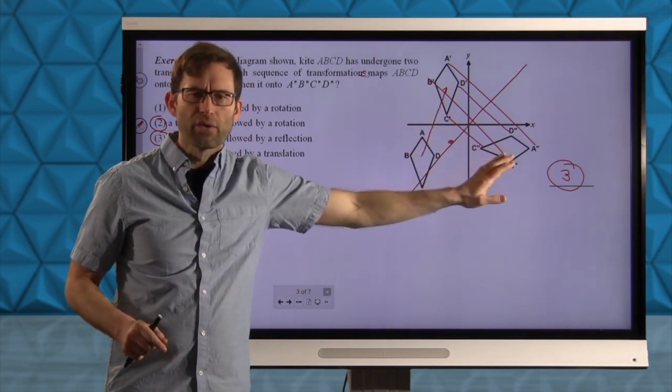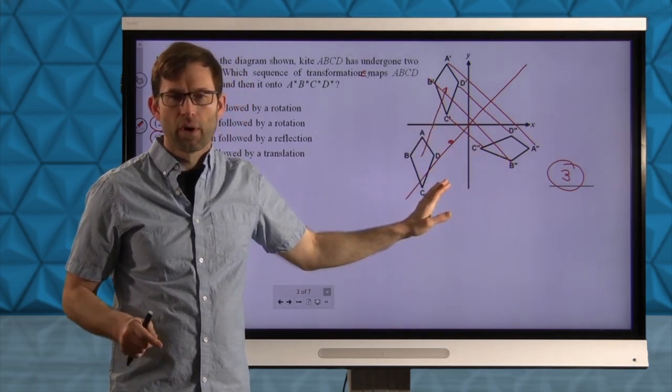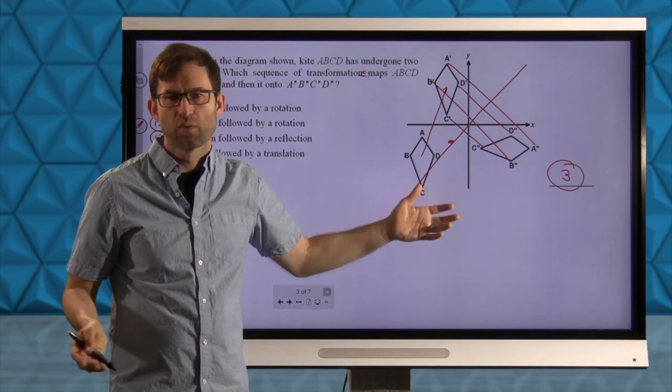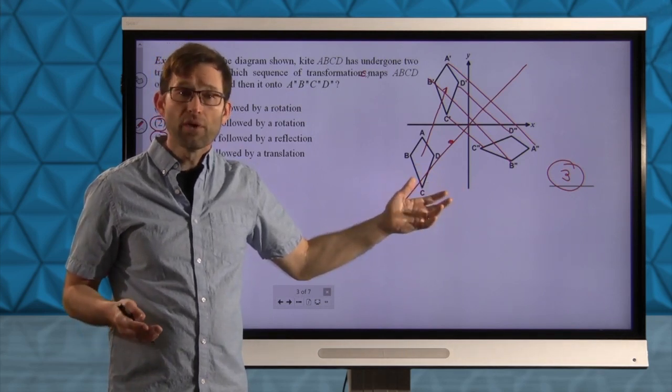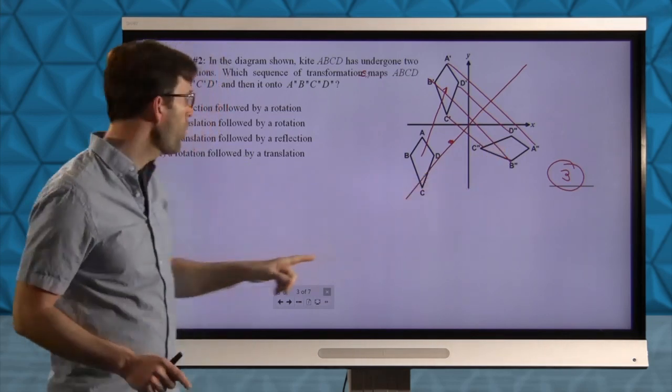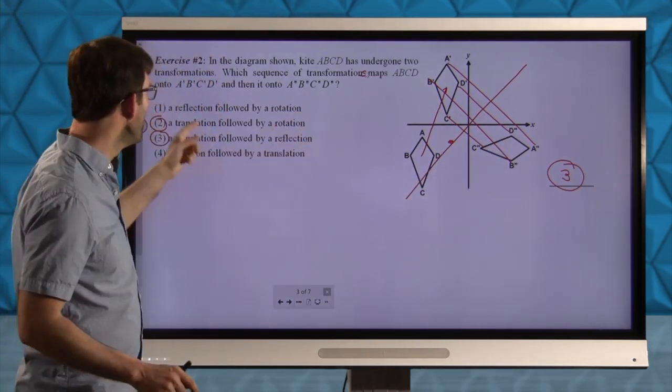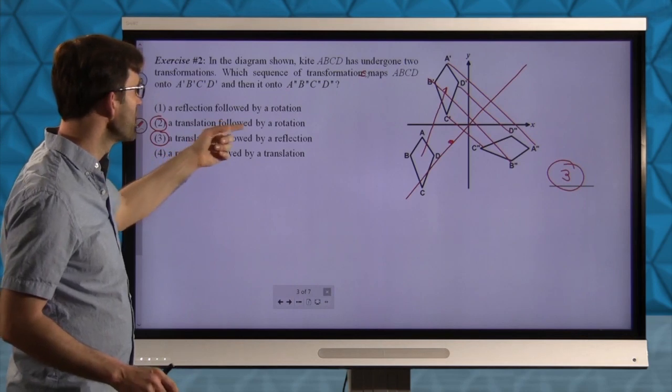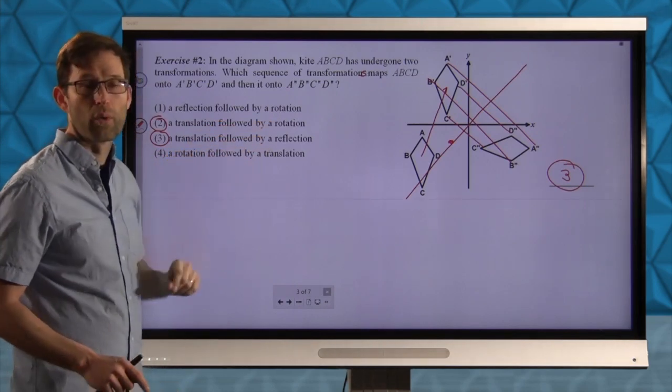If there were no letters on these figures, it would be hard to know which one came first, which one came second. But if there weren't any letters, and we knew this was first, second, and third, there really would be no way, because of the symmetry of the kite, to distinguish between whether a translation was followed by a rotation or a reflection.